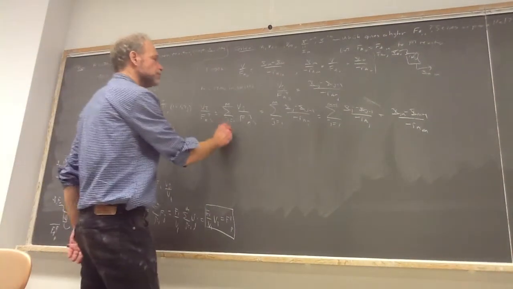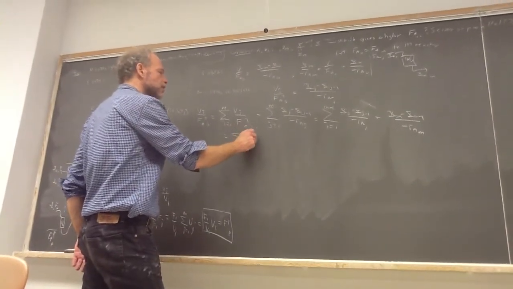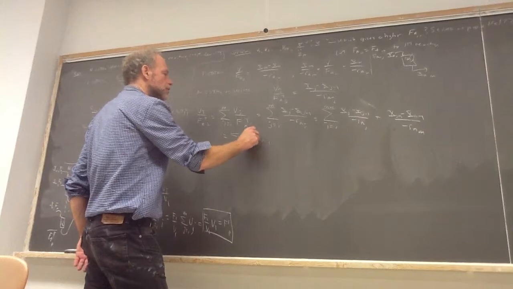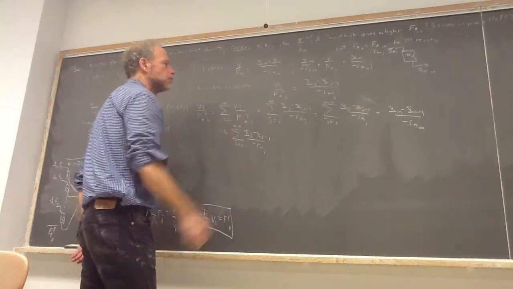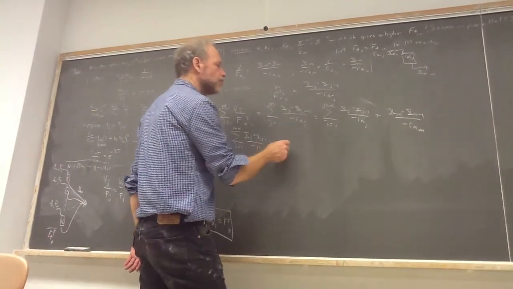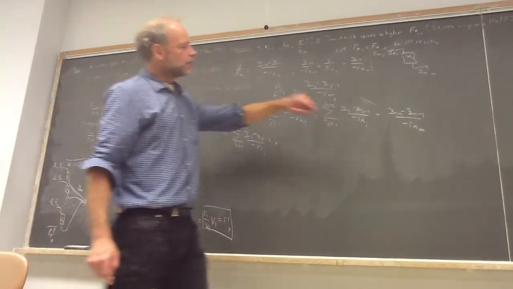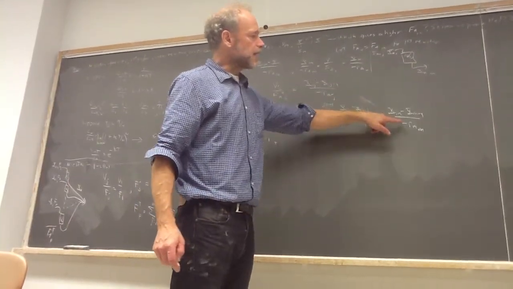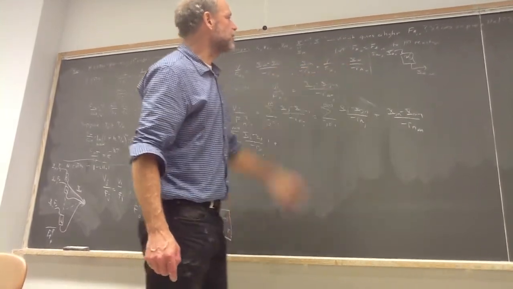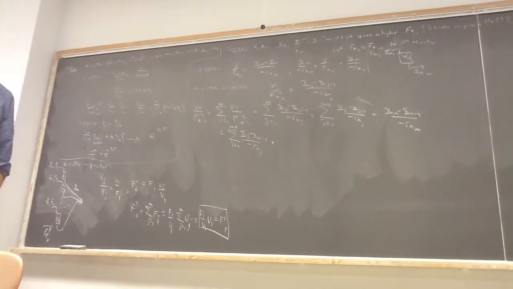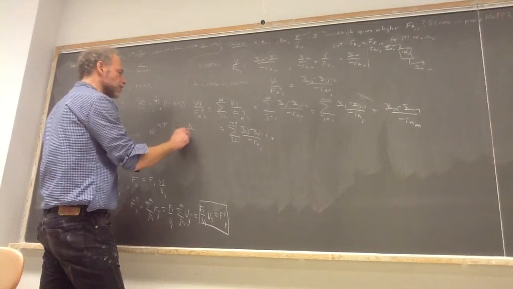So this is equal to the sum of xj minus xj minus 1 over minus raj, and then I have a plus something. Here I have xm over minus ram, and xm over minus ram I could replace by x0 over minus ra0 plus v over fa0. So the v over fa0 I'm going to move to the other side of the equation.